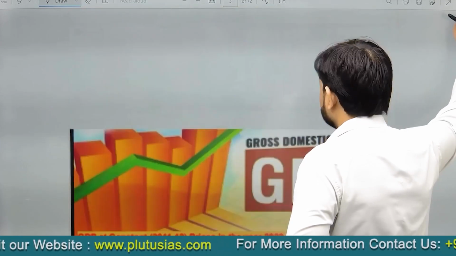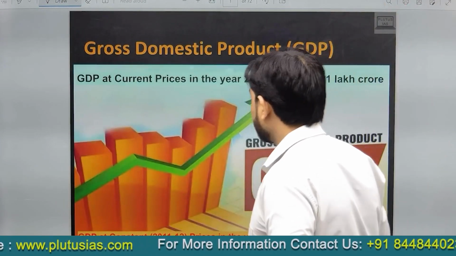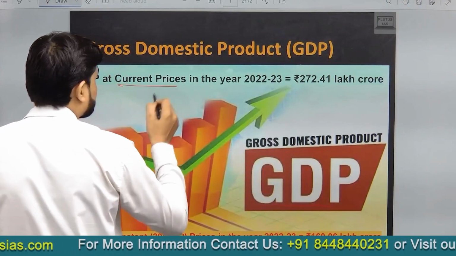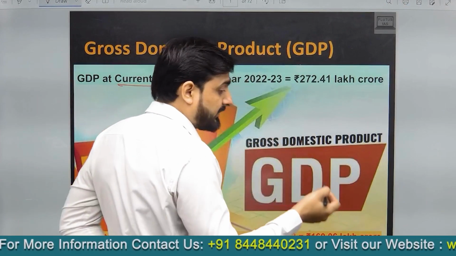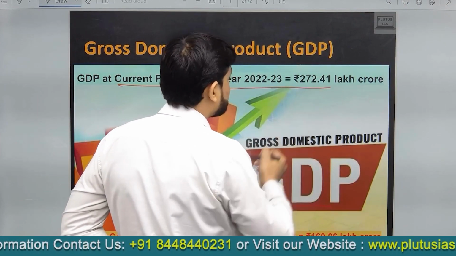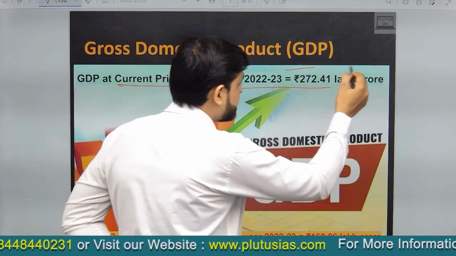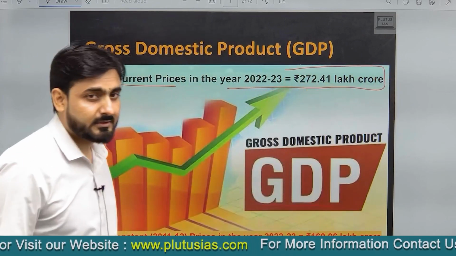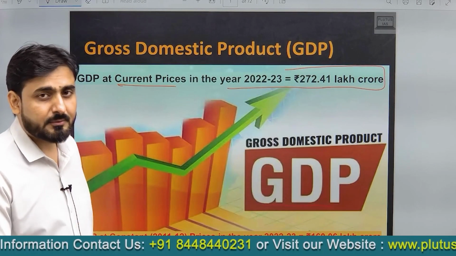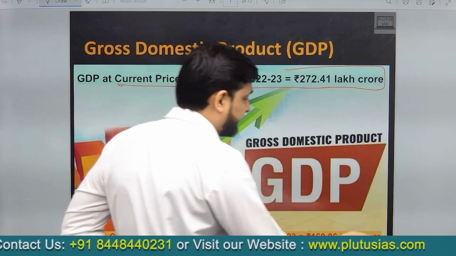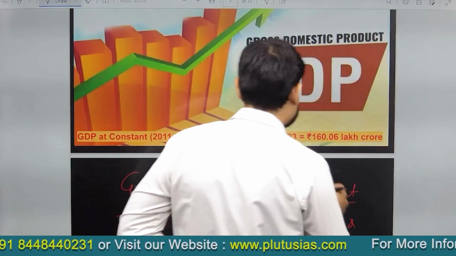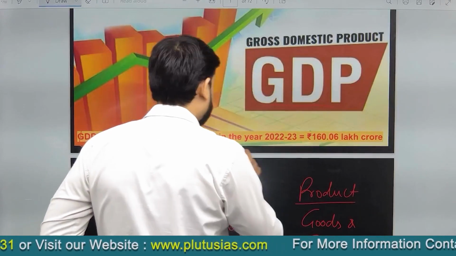So here you can notice based on current price, the GDP of India in 2022-23 is 272.41 lakh crore, and based on fixed price it is just 160.06 lakh crore, constant price.